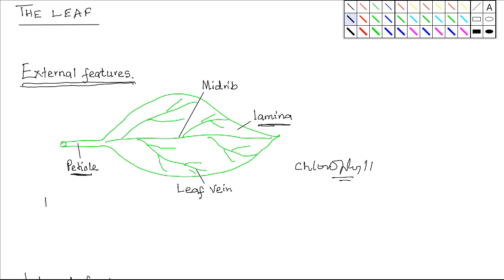It supports the leaf at an angle for maximum light absorption. That is, the leaf is exposed in such a way that the maximum area for light absorption is effected. So the petiole supports the leaf in the best possible angle for maximum sunlight absorption.